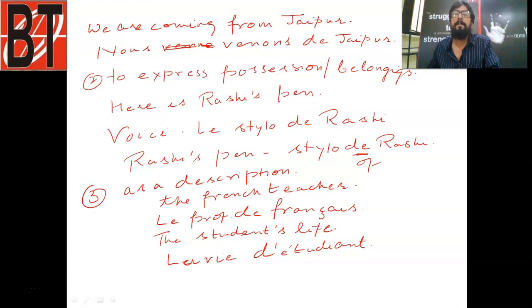Okay, so these are the basic prepositions that we tried to understand. The prepositions like avec, like sans, very important prepositions. Then we have the preposition en, then the preposition pour, then the prepositions à and de.